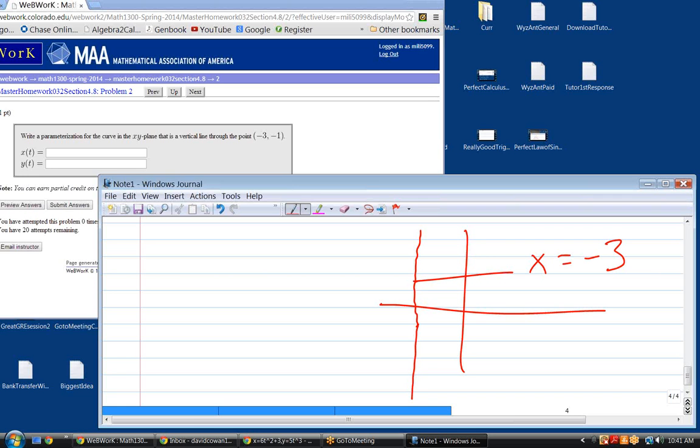How do you parameterize that? It must have to do with the fact that it's a vertical line, which has a slope of infinity. How the heck do we work backwards from that is the question.